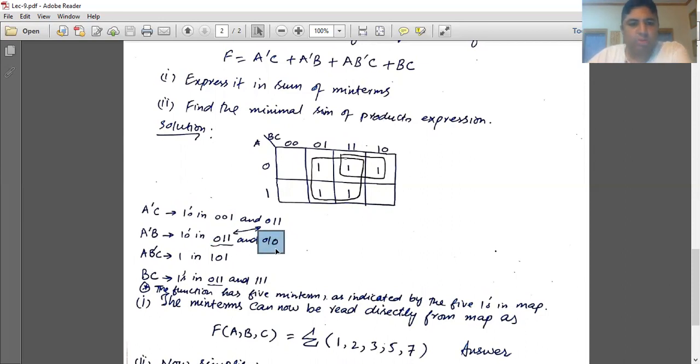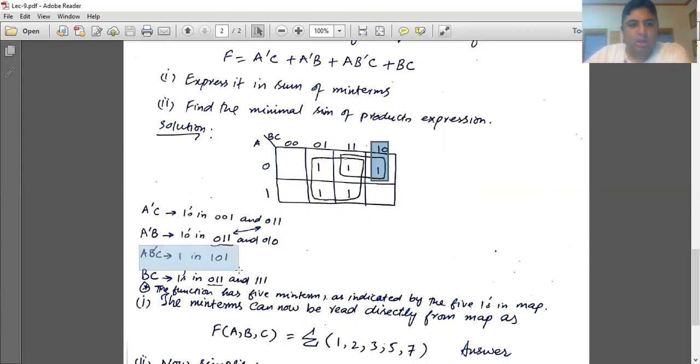You can see that 0 1 1 is already 1, so you will not put a 1 again here. I have underlined it because 0 1 1 is already 1 from the last term. So now you will put the 1 in 0 1 0.